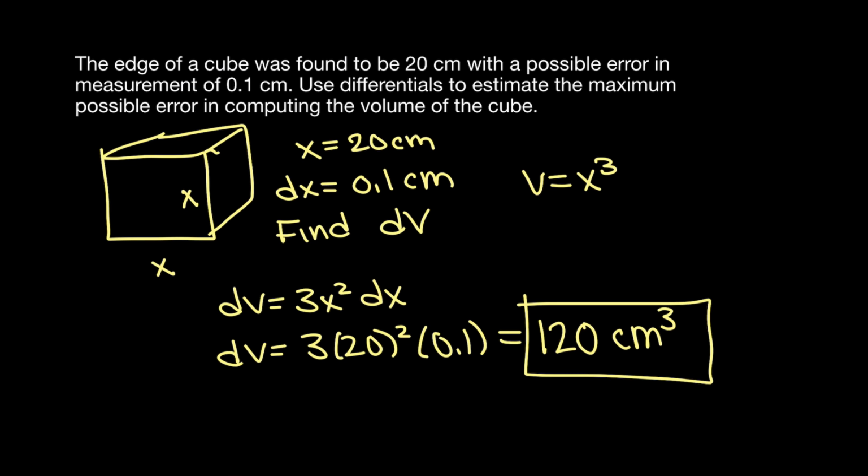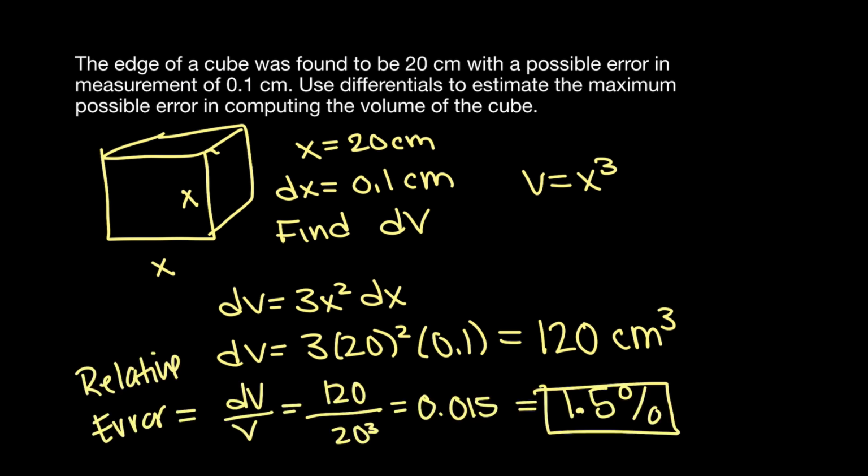Now, is this a big change or a small change in volume? It often is more useful to express this as a relative error or a percent error. So your relative error is going to be that change in volume divided by the total volume.